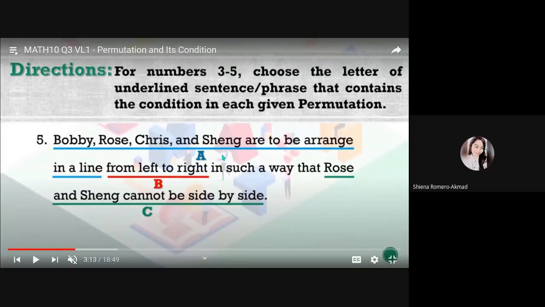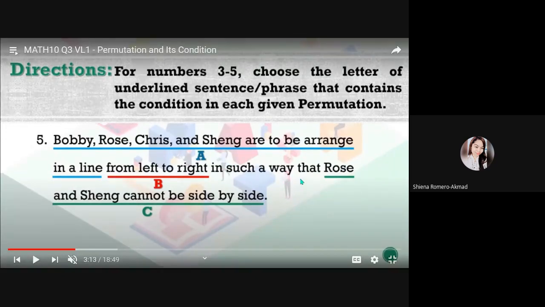So, ganito. I will tell you something about conditions. When we talk of permutation and its condition, there are three cases. Later, I'll give specifications about it, or I'll discuss it later.